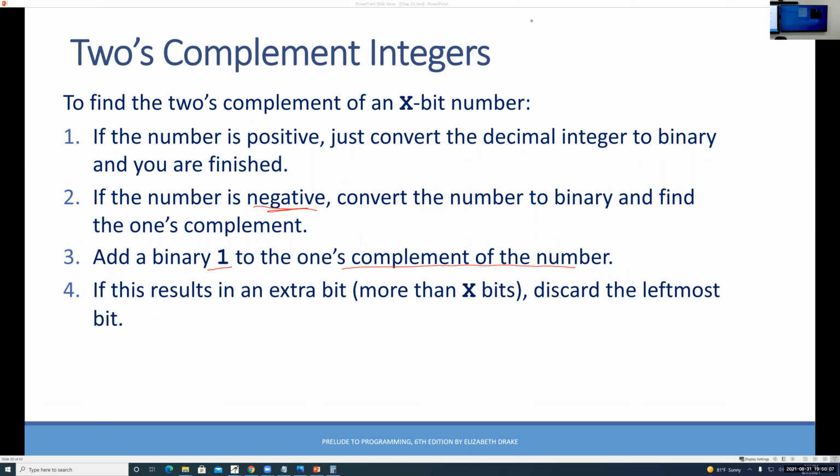That's all. Remember, in order to find the two's complement, if the number is negative, you convert everything to binary and find the one's complement. Then add 1 to the one's complement. If the result has an extra bit, that means overflow, and you have to discard the leftmost bit. Now, let's see how it works.